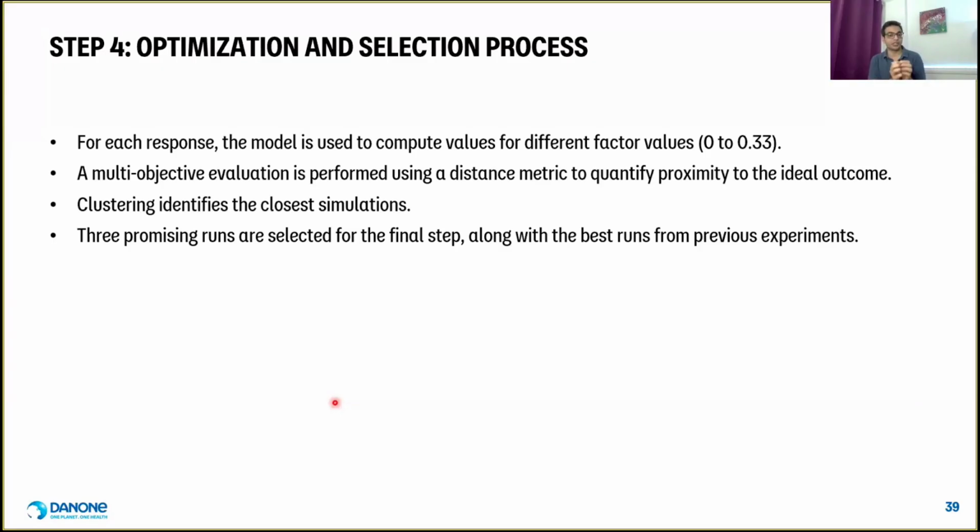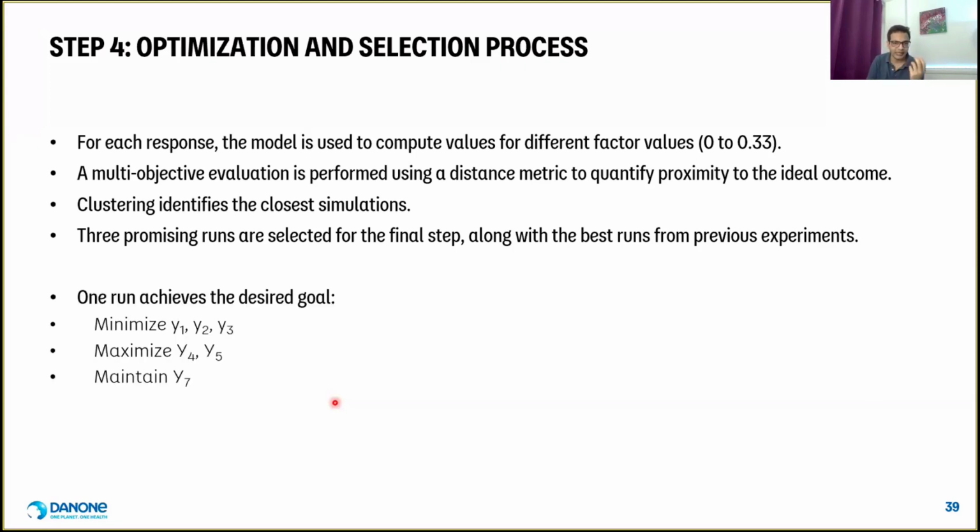And then we performed clustering on all of those simulations which are closest to the target to find 3 different runs, which we can go back to the lab and do the experiment with. And out of those 3 runs, 1 run achieves our desired goal. We were able to minimize Y1, Y2, Y3, maximize Y4, Y5, and maintain Y7. At this step, we skipped Y6 because our ability to predict Y6 was still not there even after all of these runs.